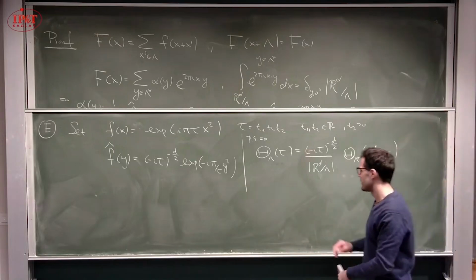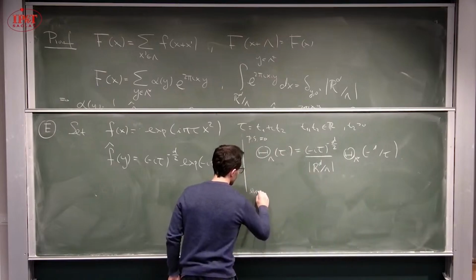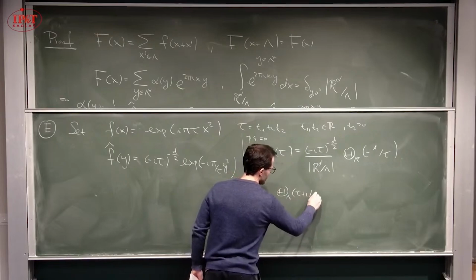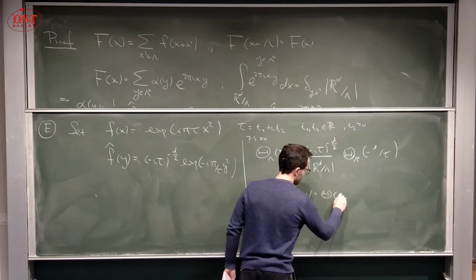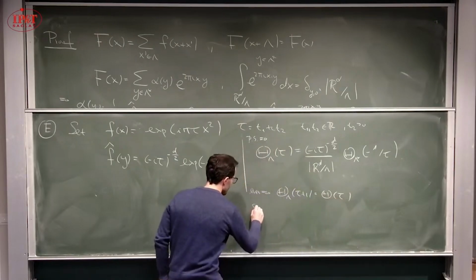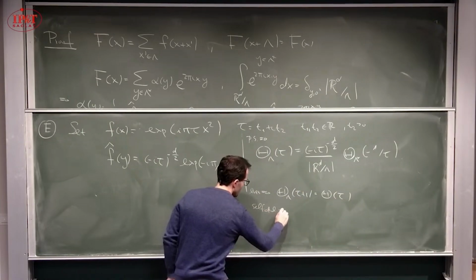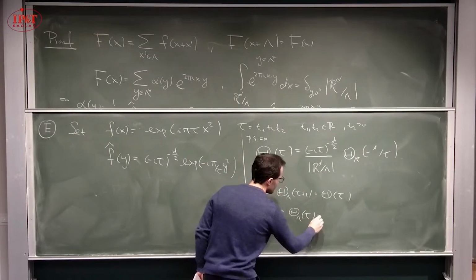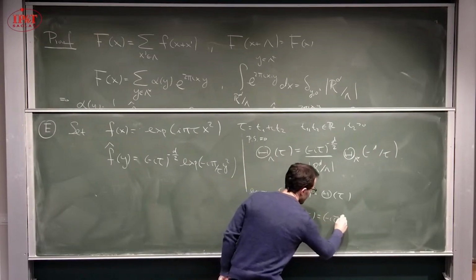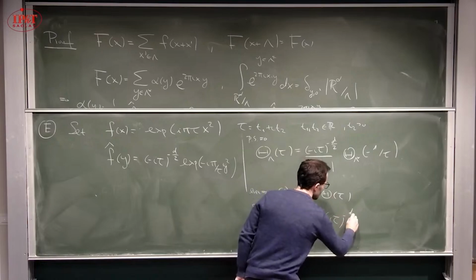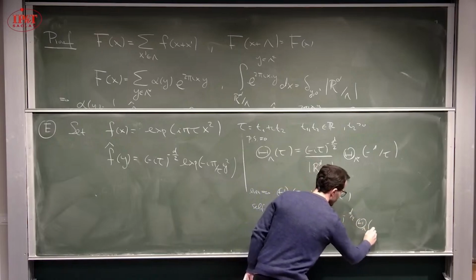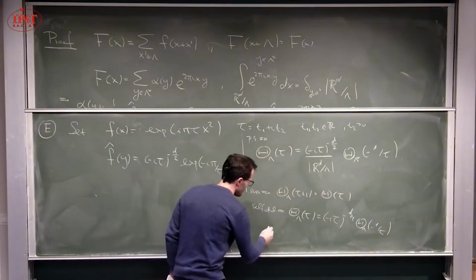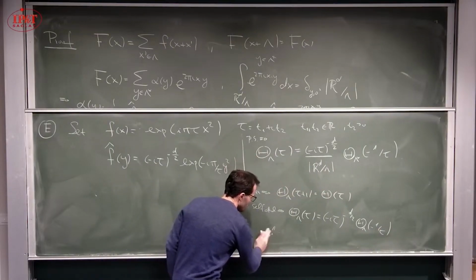So the even, maybe I should say so, even implies that theta of tau plus 1 equals theta of tau, and so dual implies that the theta of tau is minus i tau to the minus d over 2 times theta lambda of minus 1 over tau. Yeah, so here the modular formula tells you that d should be a multiple of 8.